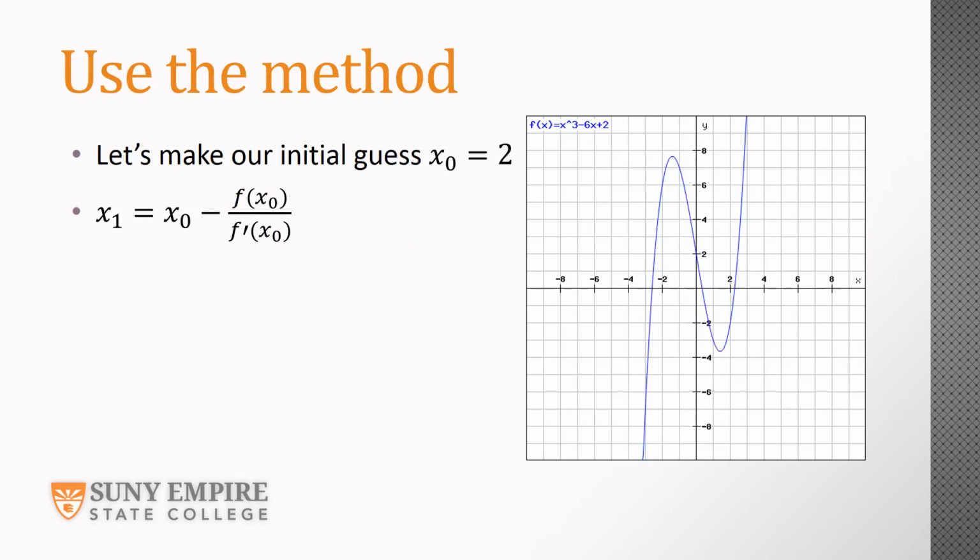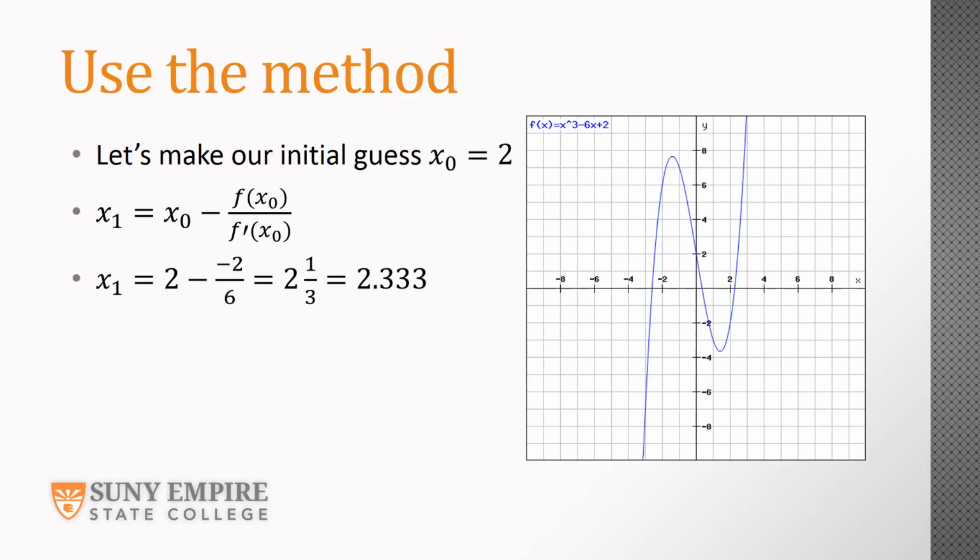Let's start with the assumption that 2 is a root for the function. We will use Newton's method to improve this guess. This improved guess, x sub 1, is equal to the initial guess minus the function at the initial guess divided by the derivative at the initial guess.